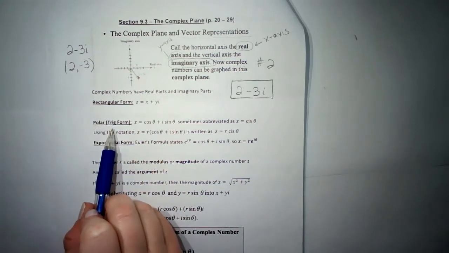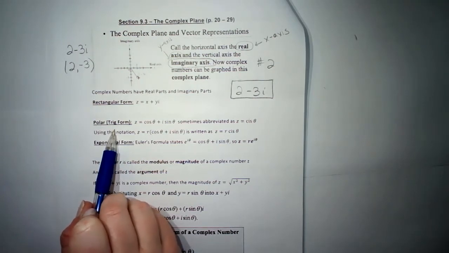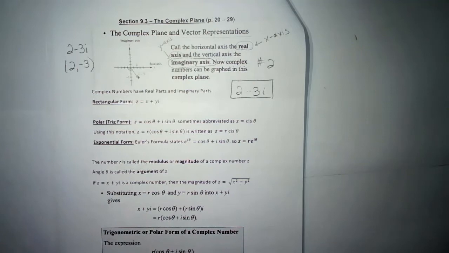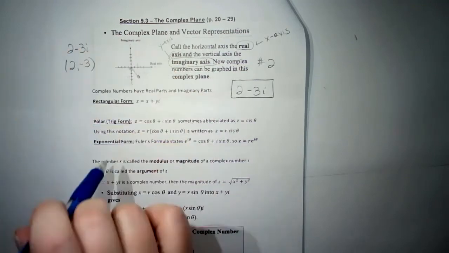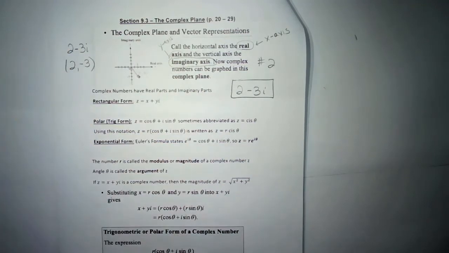You're going to have to write it in polar form, which we actually call trig form. So you may just see directions say write it in trig form. That means polar form, because if you've noticed, you've been living in the r theta polar world for a while. You just didn't know it. And then sometimes it'll tell you to write it in exponential form. So you have to be able to hop back and forth between these 3 forms, okay?